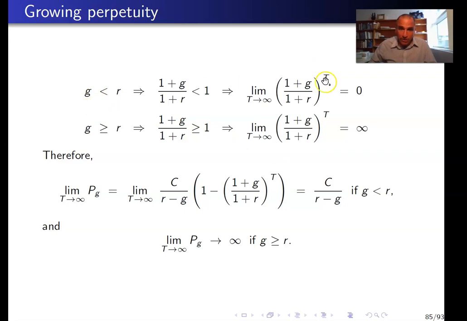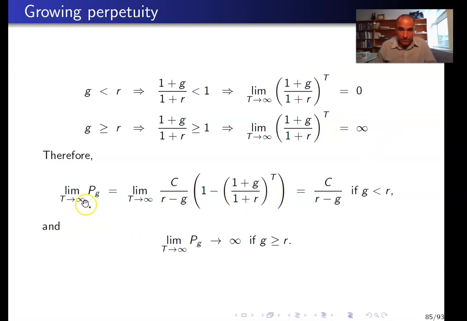When G is smaller than R, the limit when T goes to infinity of this term here is 0. When G is greater than or equal to R, the limit when T goes to infinity of this term is, when this is strictly greater than 1, infinite, and when this is equal to 1, it's equal to 1. When this term is strictly greater than 1, this sum here is infinite.